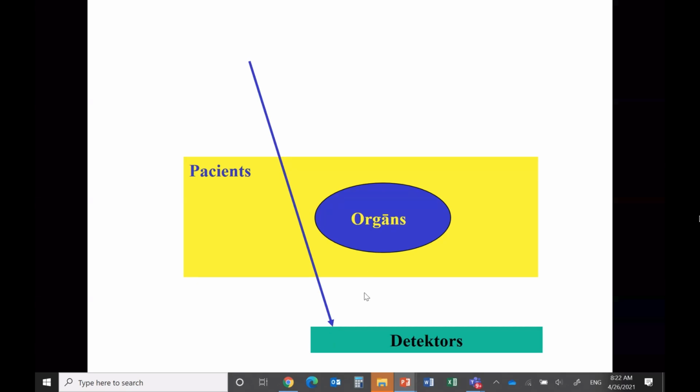If there is a resistance, for instance some stone within the organ, for instance in the kidney, the sound doesn't propagate, and the detector doesn't see this sound signal, this beam. So there is some shadow.